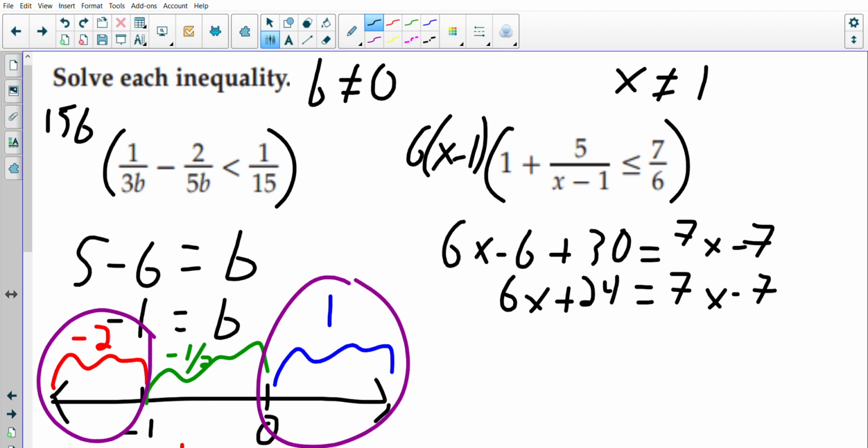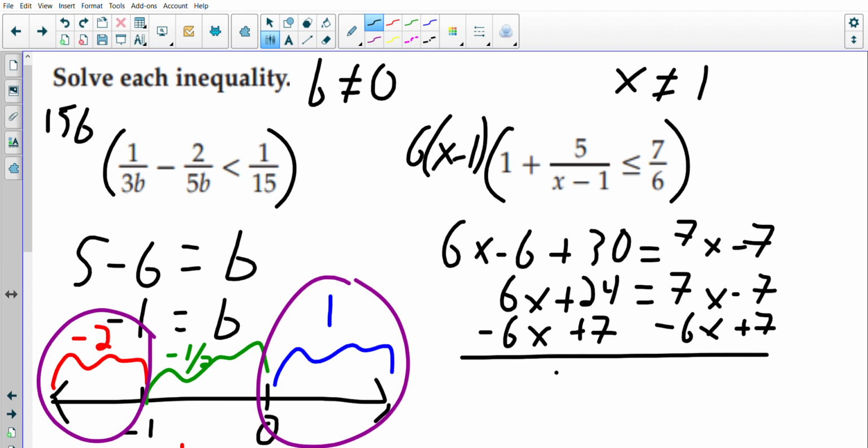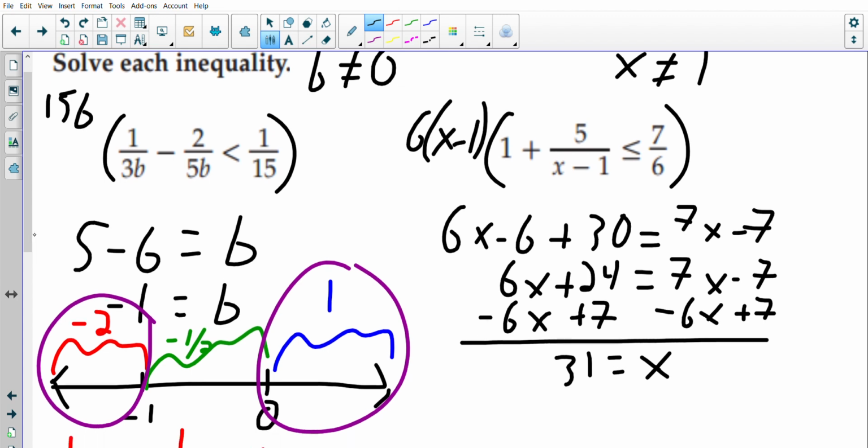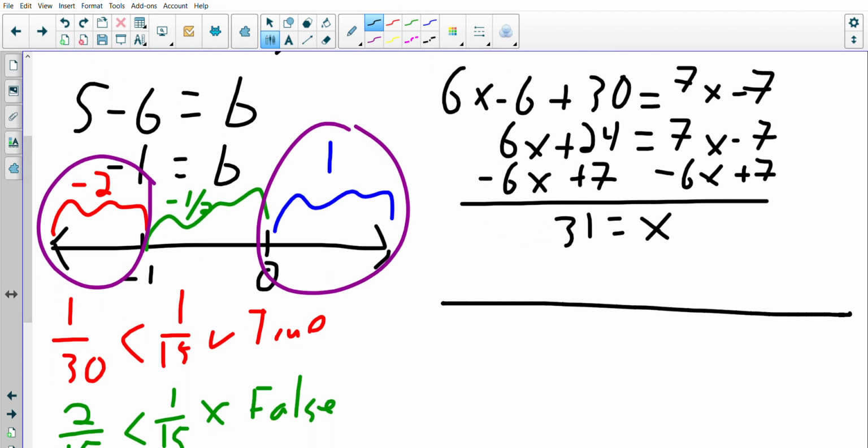So moving things around, I'm going to subtract 6x from both sides, add 7 to both sides, so I get 31 is equal to x. So on our number line, we have our 1 and we have 31.